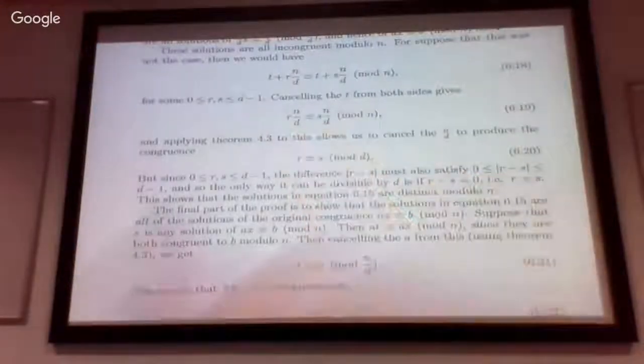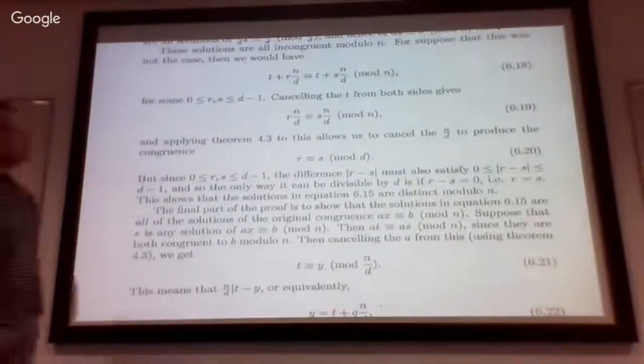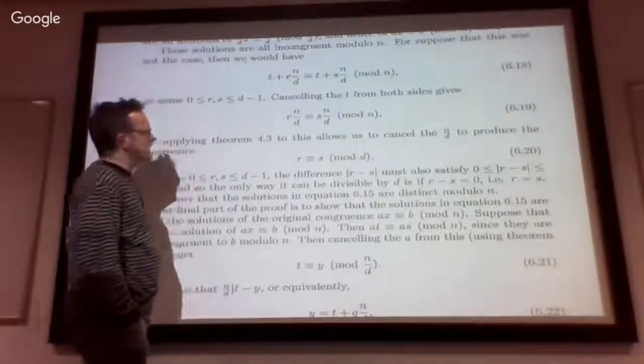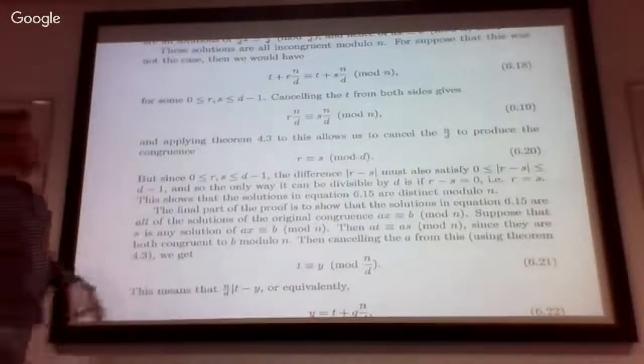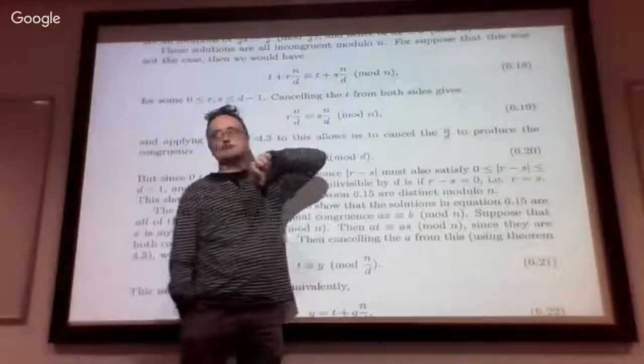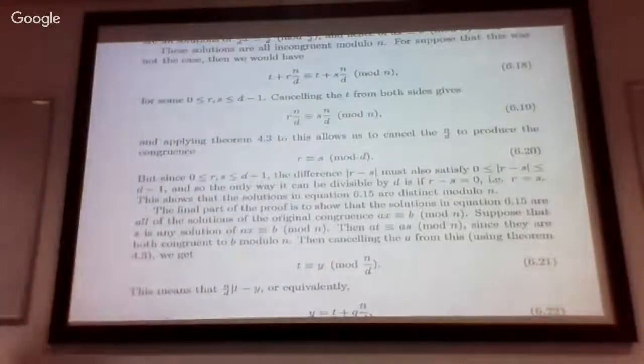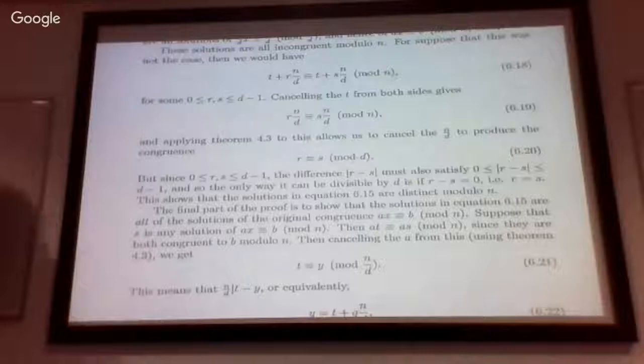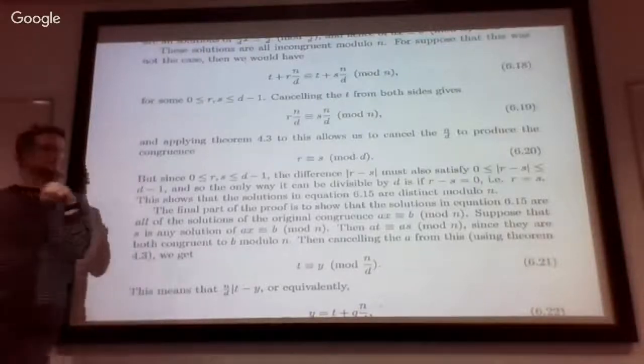So I want to cancel n over d from both sides. Now, what is the greatest common divisor of the pair n over d and n? What's the largest number that divides into n over d and also divides into n? Well, that is n over d itself. Okay.